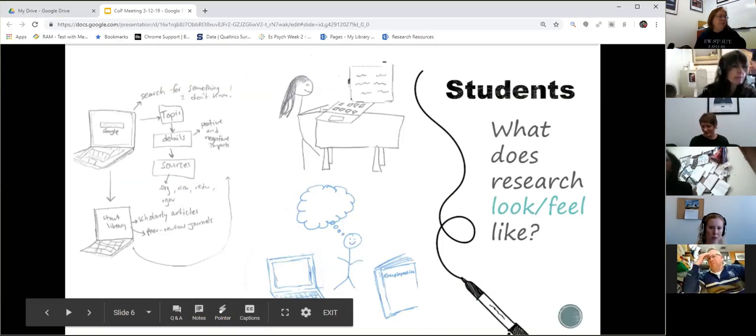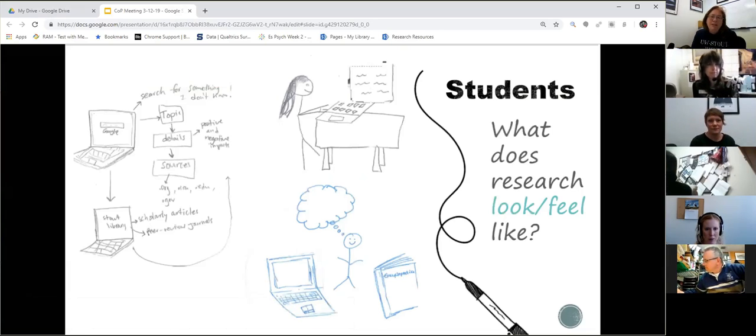So what I did with my students is I started to try and take a look at where they were coming from. I asked students what research looked like when I started my research project, and then I asked them to do this again at the end. I asked, can you please draw what research looks like or feels like for you?